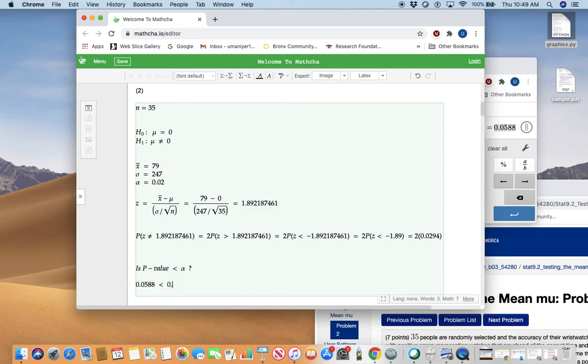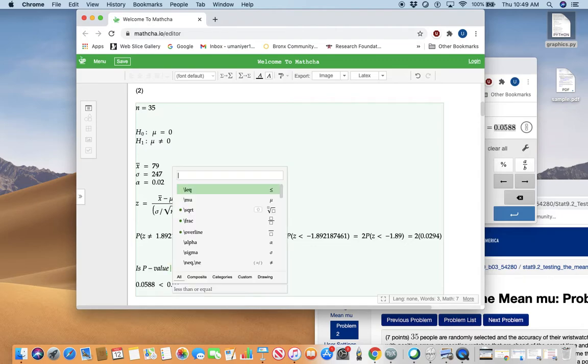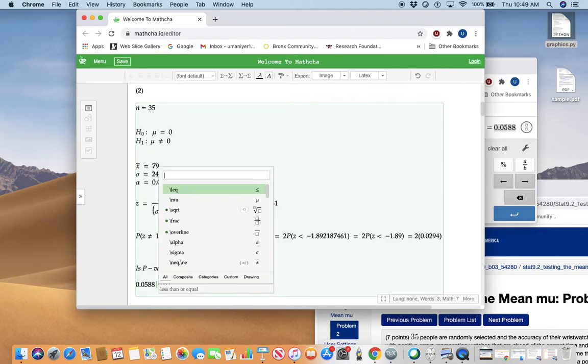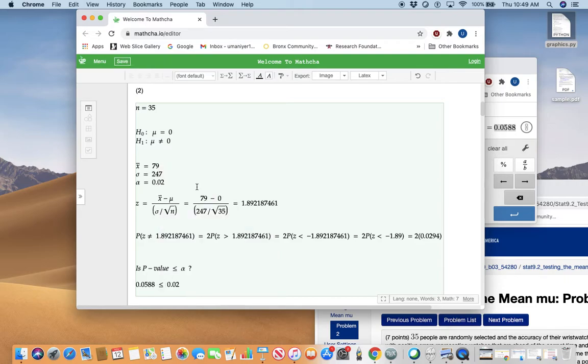Alpha is 0.02. I shouldn't be checking simply less than, it should be less than or equal. Equal is allowed. Now the question is, is this quantity less than or equal to this? No, it is not.